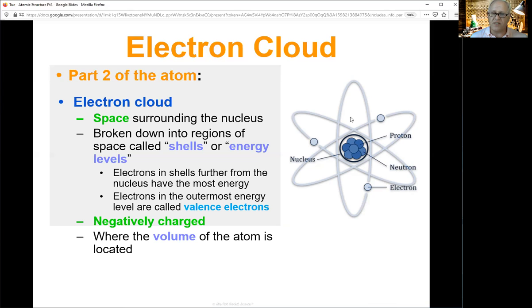Now, all of these electrons are negatively charged, meaning that as they get closer to the nucleus and closer to the protons, they're more attracted, and as they're further away, they're less attracted. But the volume of the electron cloud happens from the electrons. The volume of that atom, how that atom gets bigger in volume, is from the electron cloud.